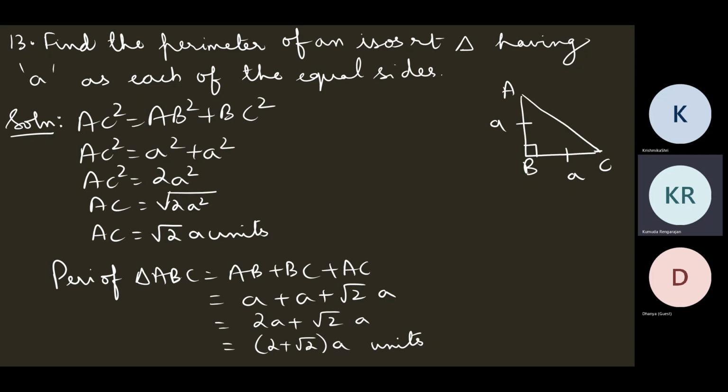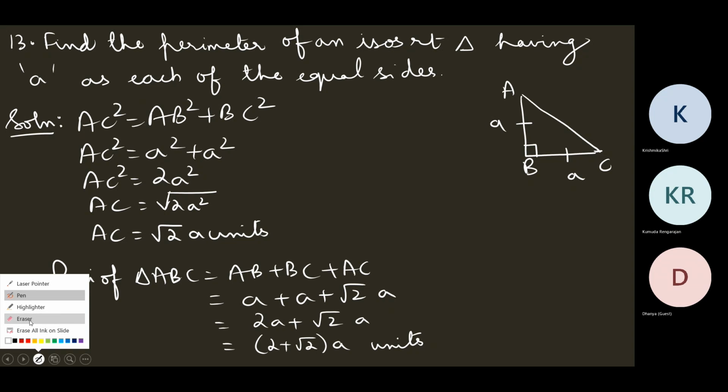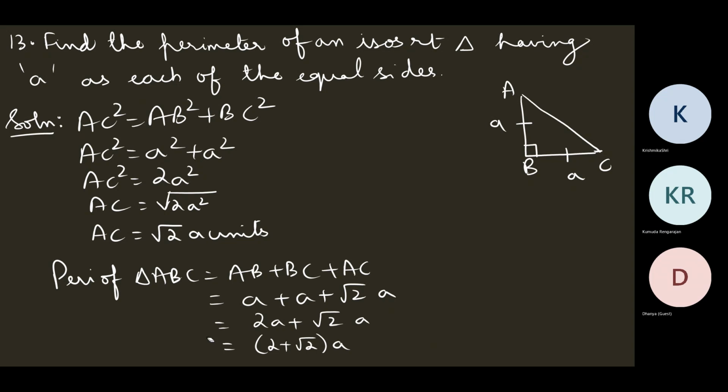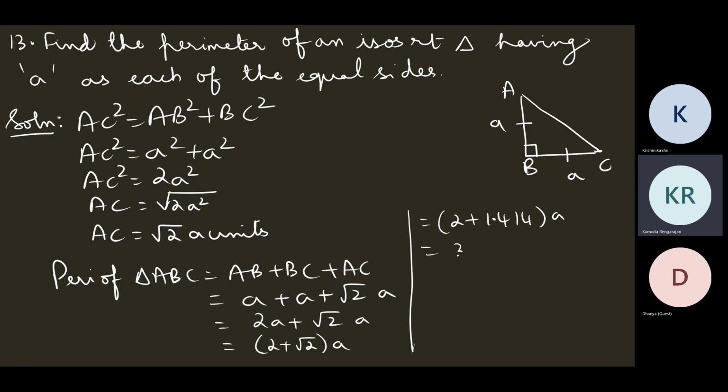If you want, you can continue like this. That is equal to 2 plus 1.414 A, which is 3.414 A units.